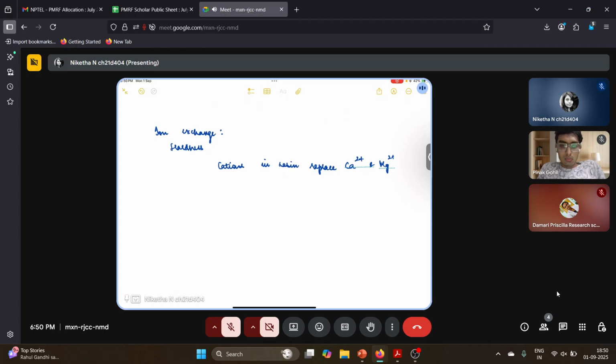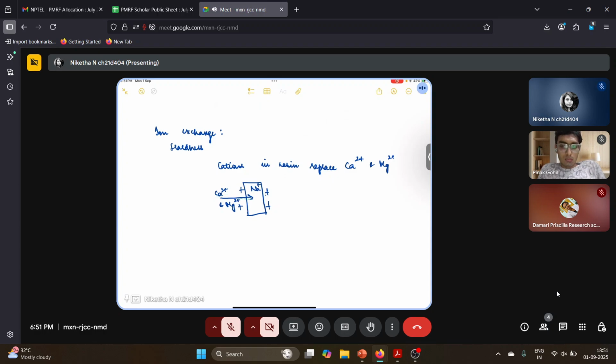Like I have told you before, hardness is caused by the presence of calcium and magnesium salts. So if you pass the water containing calcium and magnesium through the ion exchange resin, which is positively charged, the calcium and the magnesium in the water will be replaced by the sodium in the ion exchange.